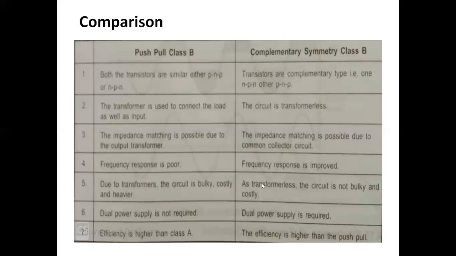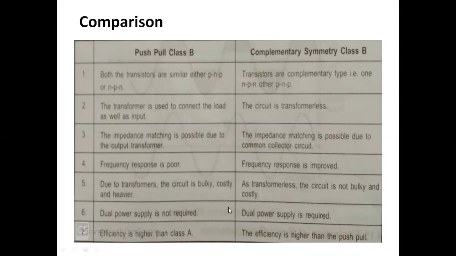Next, in push-pull amplifier, there is no dual power supply. We are using only a single power supply, only VCC. Dual power supply is not needed in this case, but in complementary symmetry amplifier, dual power supply is required. We are applying two DC power supplies, one is plus VCC, another one is minus VCC.